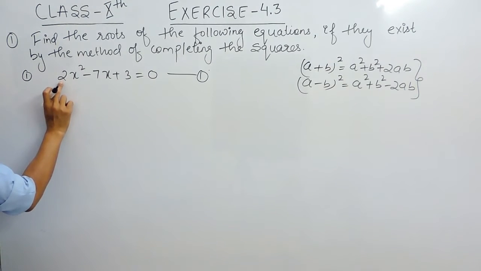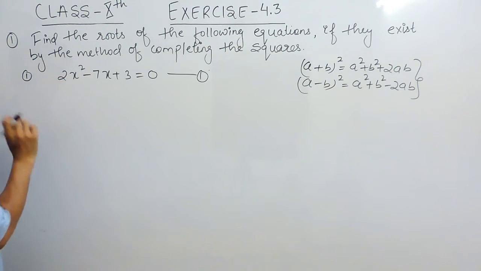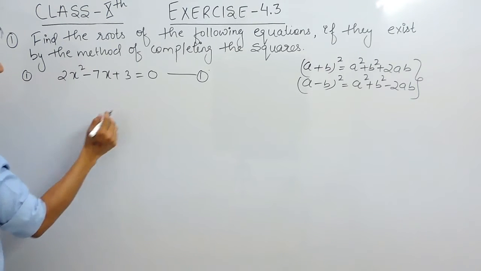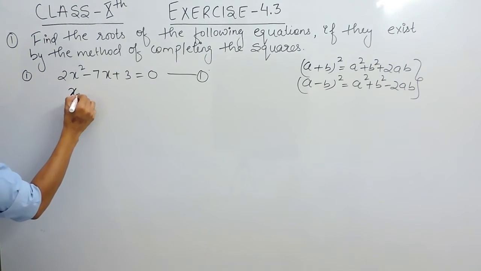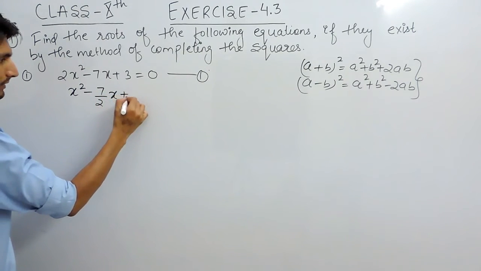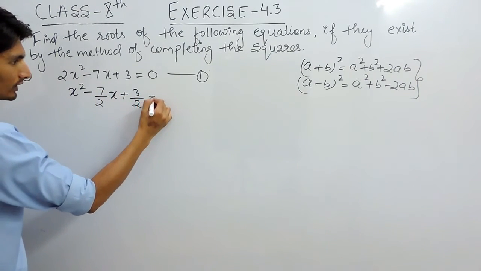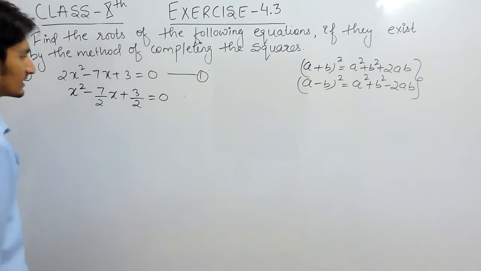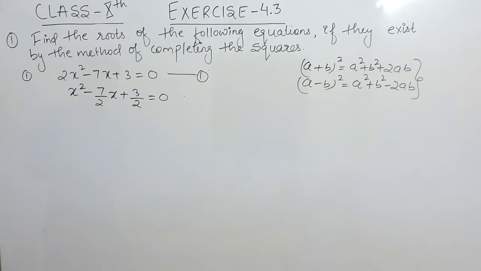Here the coefficient is 2 and you have to make it 1, so dividing the whole equation by 2, the equation becomes x square minus 7 by 2 x plus 3 by 2 equals 0. So this is our new equation.